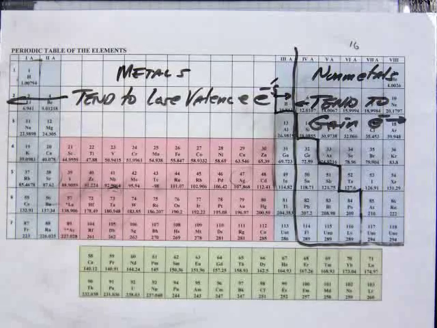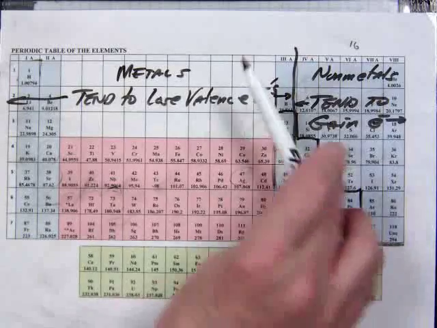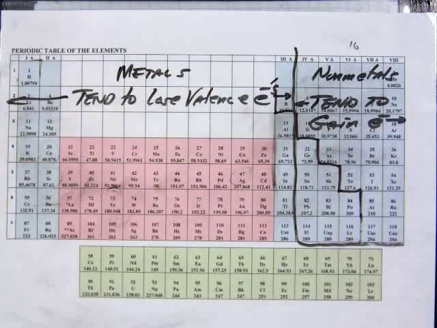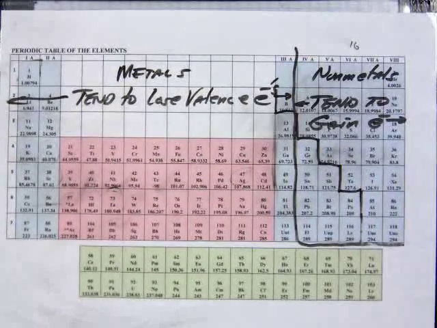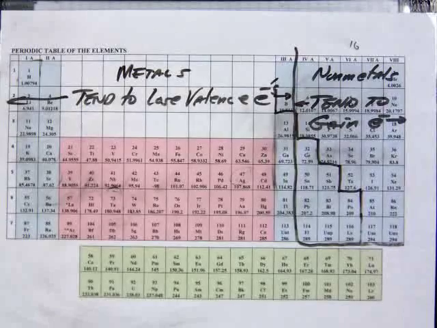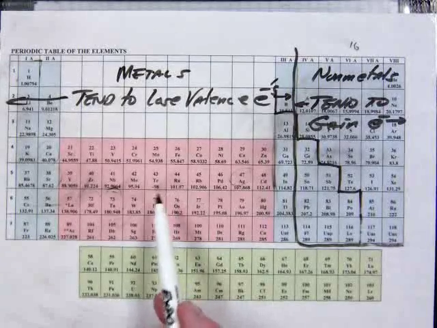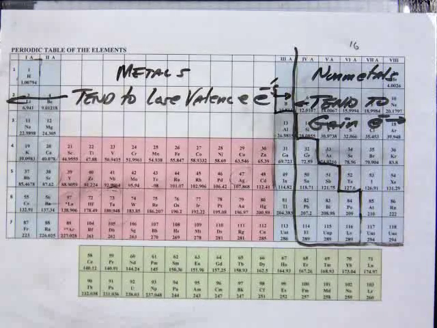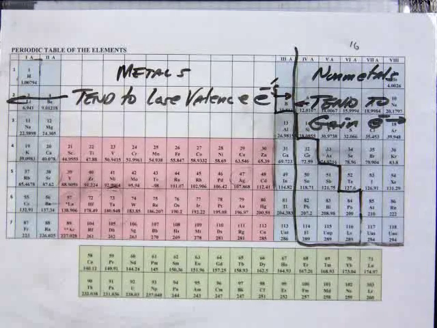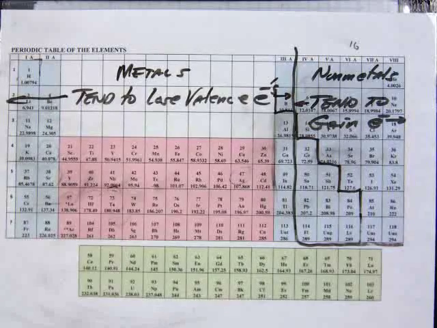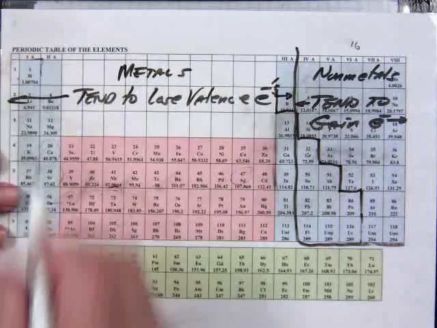And all of them are assumed, since they're to the left of the staircase and a collective metal, to be losing electrons. So some of the next rings in may have as many as 10 electrons, or in some cases 14 electrons. Those are called pseudo-noble gas configurations.